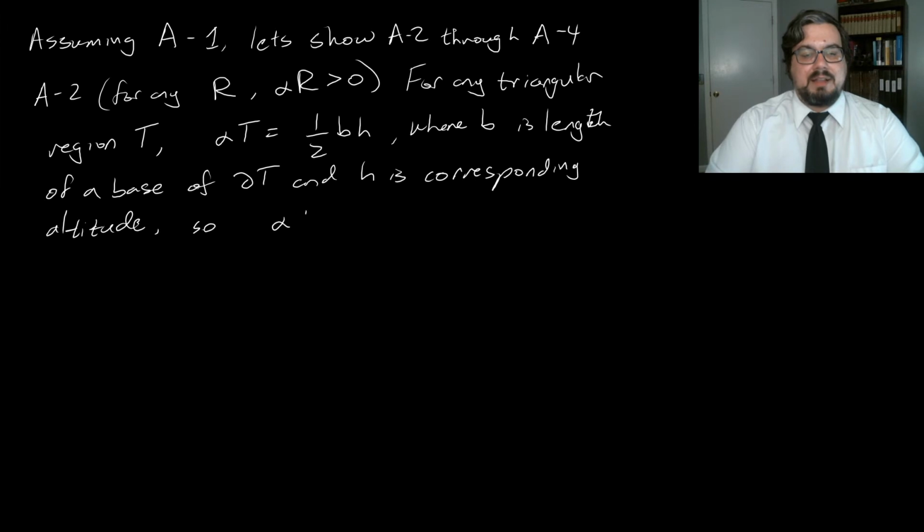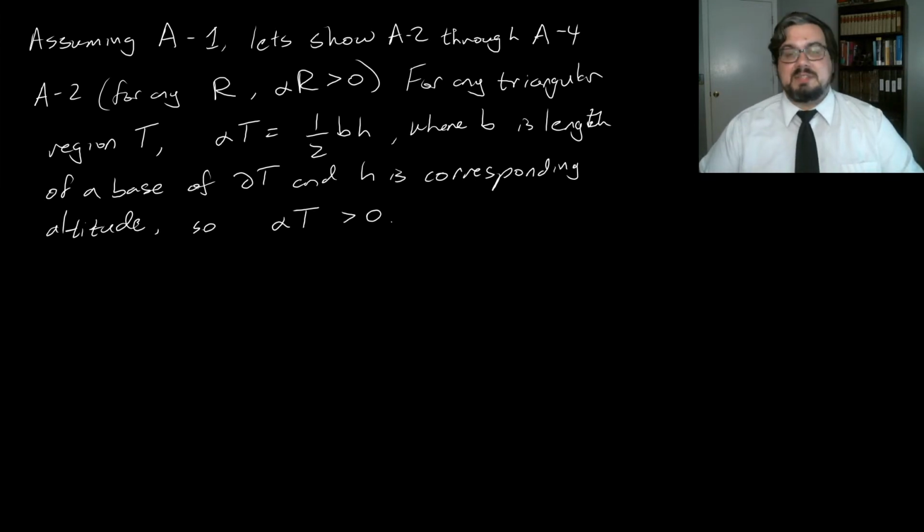So we have that the area of T is positive: 1/2 times base times height. Both B and H are positive numbers, and therefore the area of T is positive.